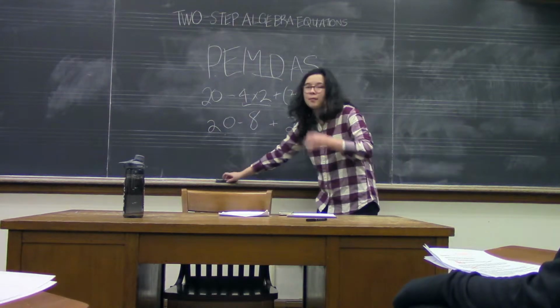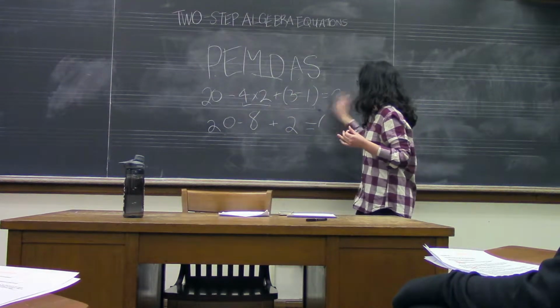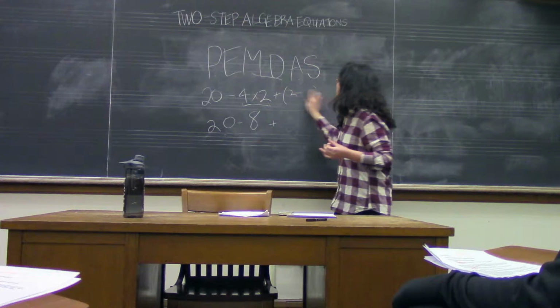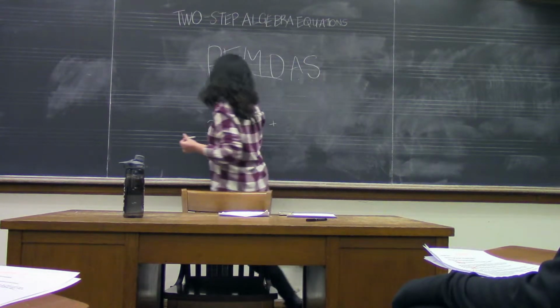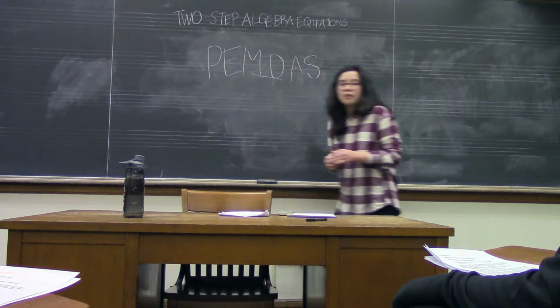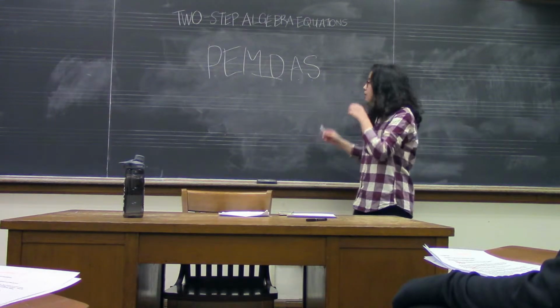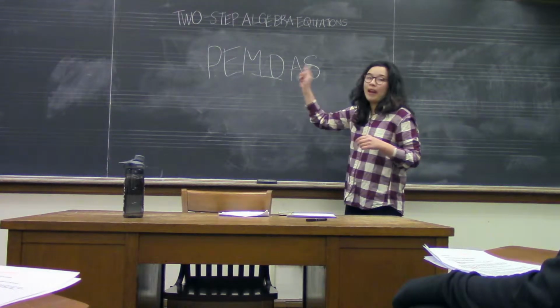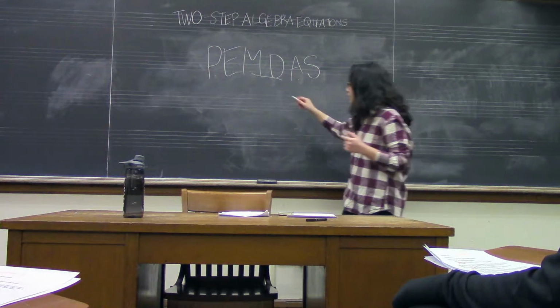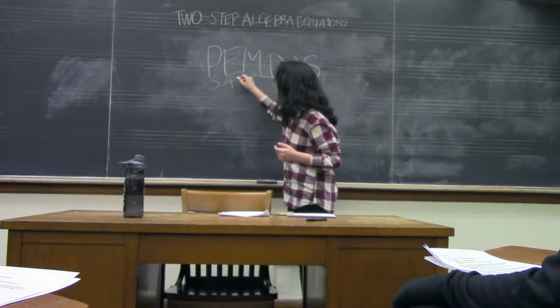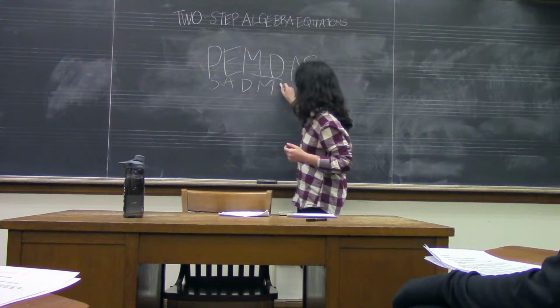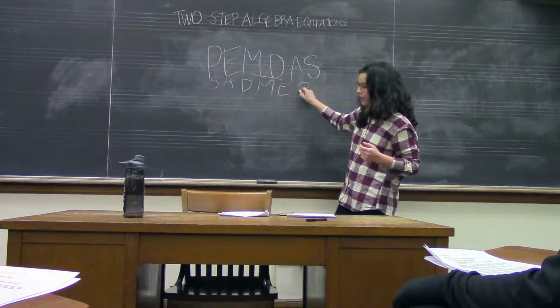Now that we remember how to use PEMDAS, we can do one-step and two-step algebra equations. However, in order to solve for x, we're actually going to be doing PEMDAS backwards, which would be SAD MEP.